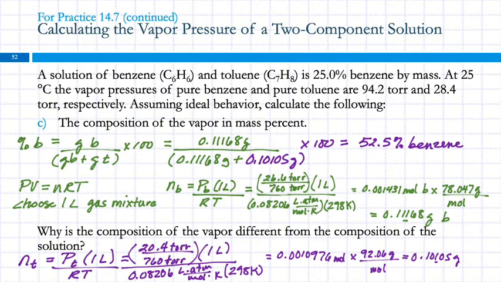There's 2 things in this mixture, so the rest of the 100% must be the toluene. So 100 minus 52.5, 47.5% toluene.